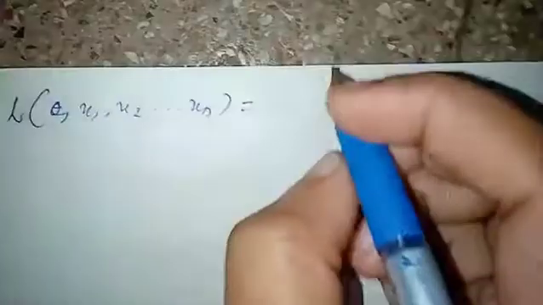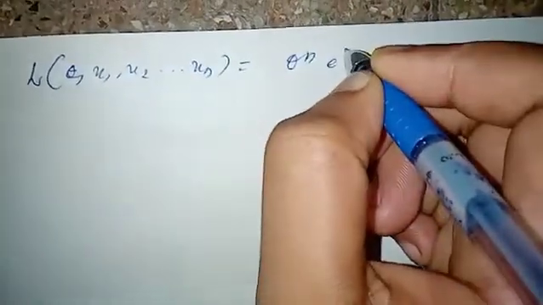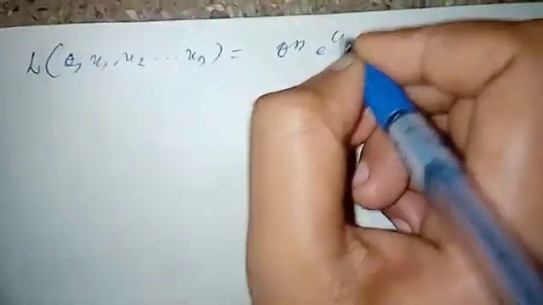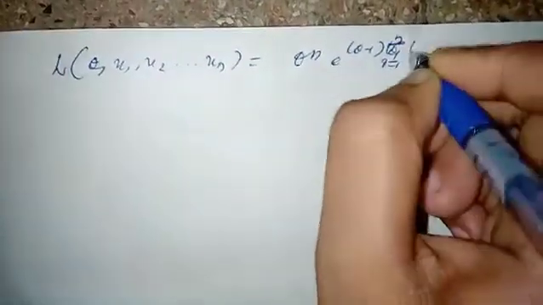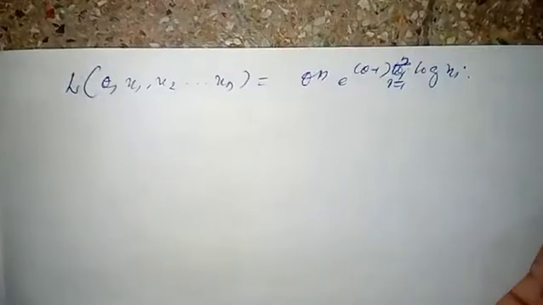What is the likelihood then? That is likelihood theta, x1, x2, so on xn, equal to theta power n e power theta minus 1 summation i 1 to n log xi.